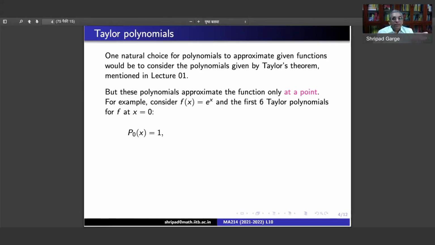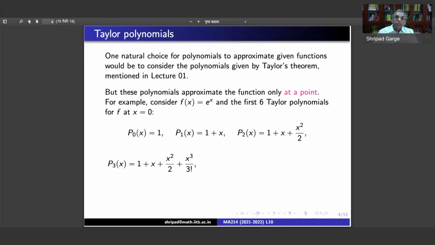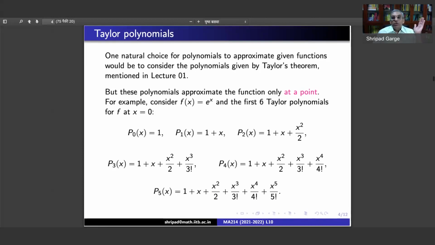The p0 is just 1, p1 is 1 plus x, p2 is 1 plus x plus x square by 2, p3 has an x cube by 3 factorial term, and then p4 and p5. So we know what these 5 Taylor polynomials to the function exponential of x at x equal to 0 are. You can in fact write down all of these. Okay, and let's see how they approximate your function as you go away from the point 0.